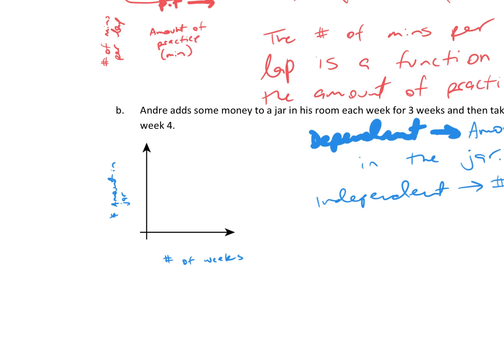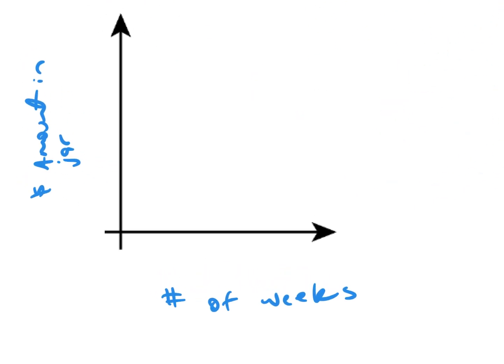So in general, I'm going to draw a straight line to represent each week. For example, maybe from 0 to week 1, he adds money in. Then from week 1 to week 2, he's got a little bit more money. Week 2 to week 3, he's got a little bit more money. But then on week 4, it looks like he went down because he took out some money. So this is more what your graph is going to look like.